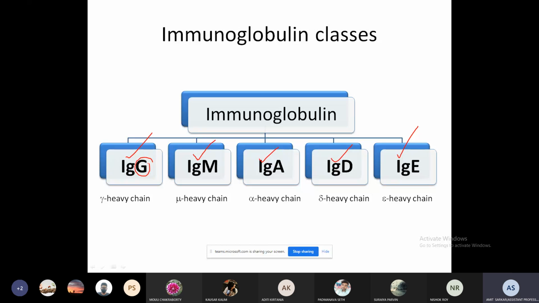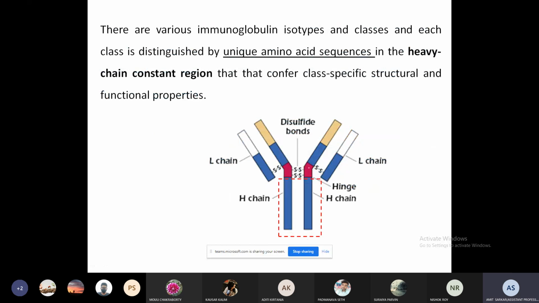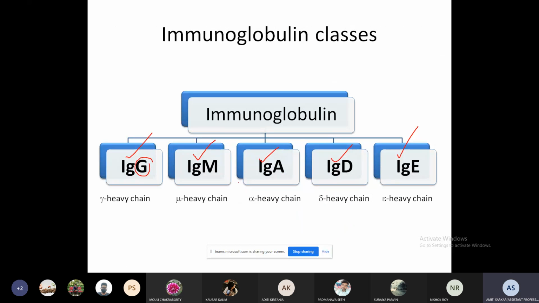Say, for example, the immunoglobulin G. For immunoglobulin G, the H chain or heavy chain is gamma type. As they have the gamma type of heavy chain, we call them immunoglobulin G, because G is the English word for gamma.